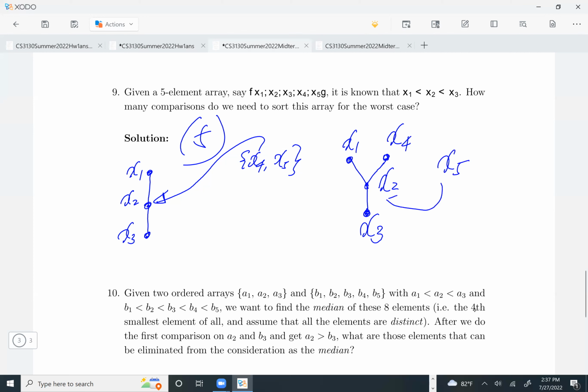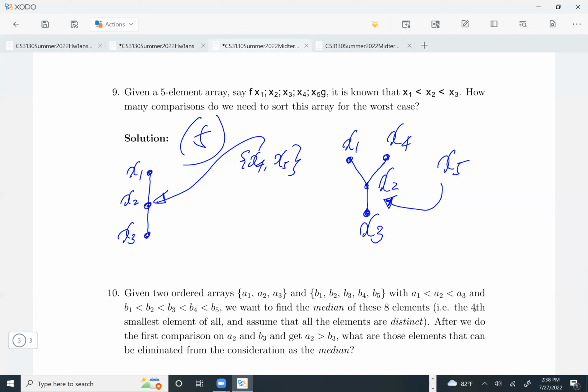We still compare it with x2. Then you have 2 cases: x5 less than x2 and x5 greater than x2. So let me draw the 2 cases somewhere else.